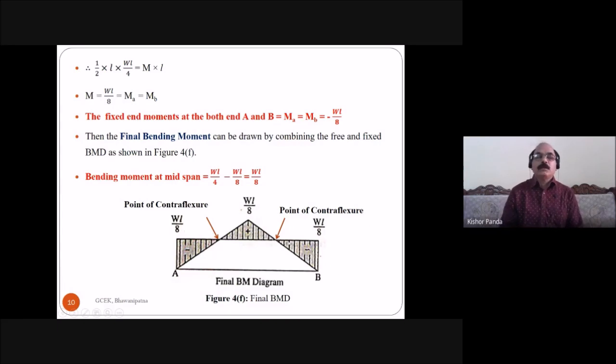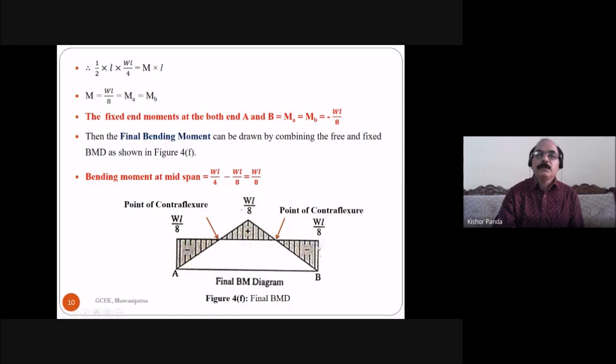So are you clear how to find out the point of contraflexure? Because here there are two triangles, you have to find out only this distance where it changes sign. So you take this distance as x, and this distance is L by 2 minus x. Then you take two similar triangles, because these two angles are the same.